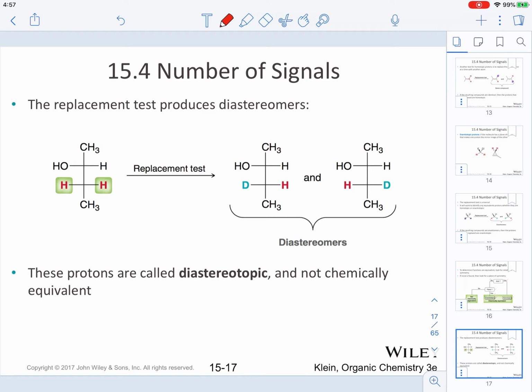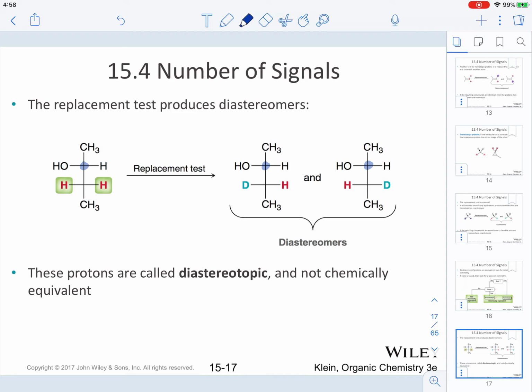So these two protons, again, if we participate in the replacement test, once we replace them, because there is an existing chiral center in the molecule, and as you can see, I highlighted that existing chiral center in blue. Once you create by the replacement that new chiral center, since the molecule already has a chiral center present in it, the two resulting molecules after the replacement test are going to be diastereomers.